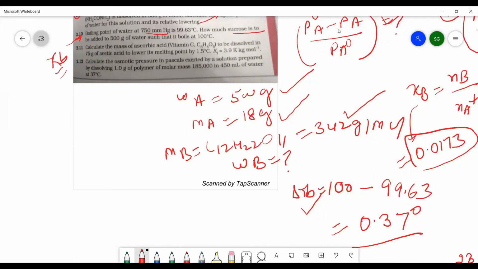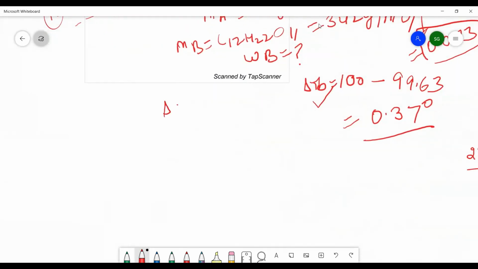So you may use the value of KB here, 0.522 Kelvin kilogram per mole. KB for the question, example number 10. So ये वैल्यू आपने यूज करनी है KB की. So when you will apply in the equation, that is delta TB is equal to KB into m. So KB into, what is m? It is NB upon WA into 1000.